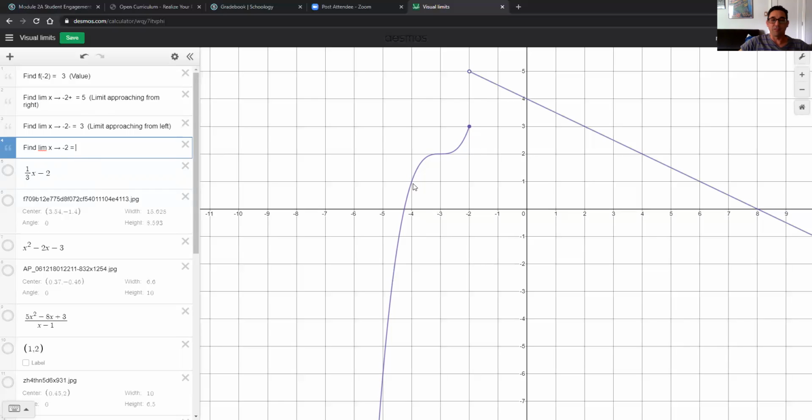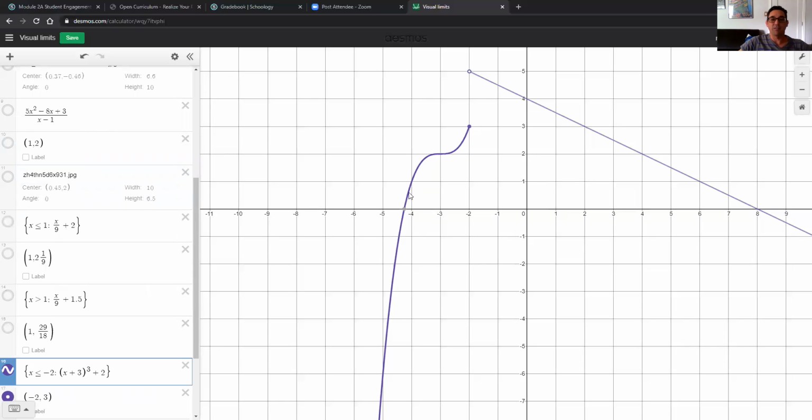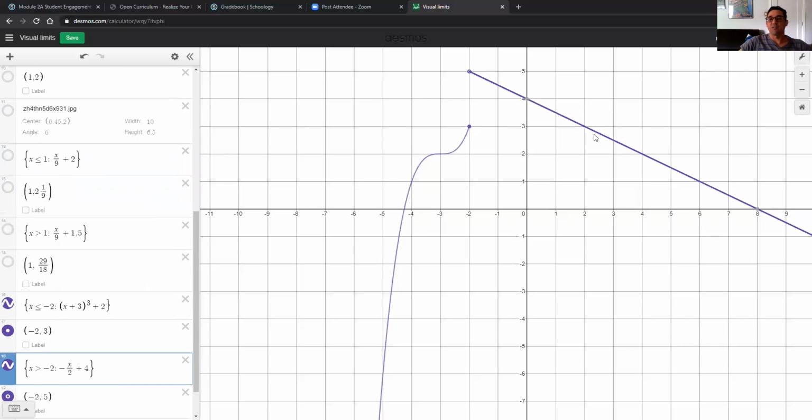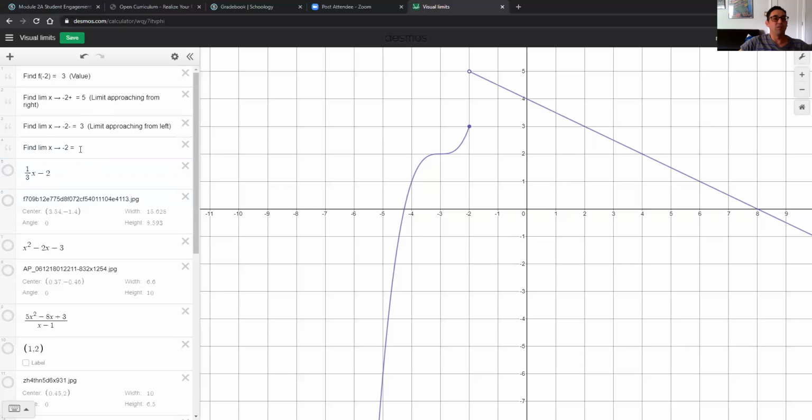Usually they do. But at negative 2, the two roads don't go to the same spot, so the limit does not exist. It's DNE. It doesn't exist.